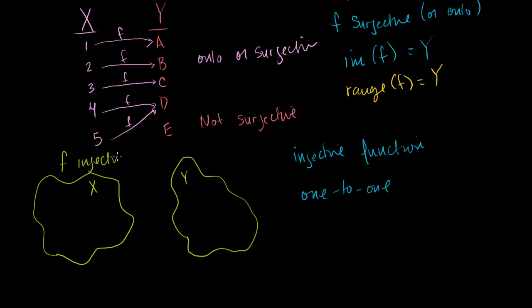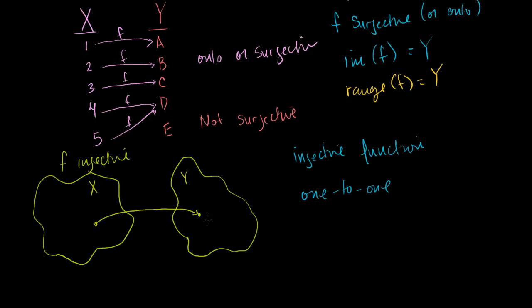or one-to-one, that implies that for every value that is mapped to, I'll say it a couple of different ways, there is at most one x that maps to it.